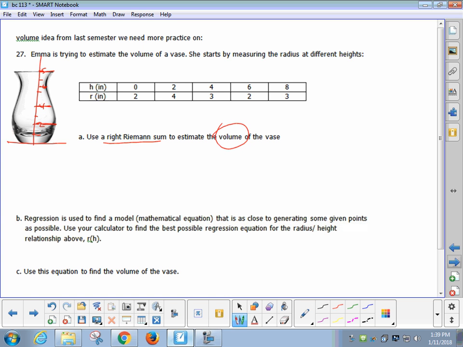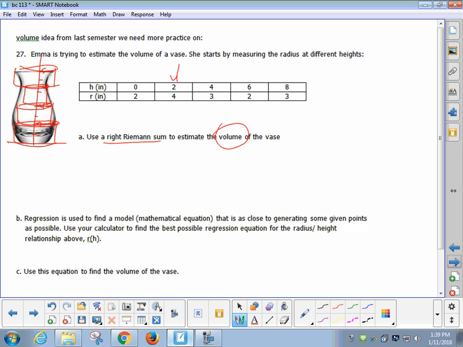And to estimate the volume, she kind of used rectangles, like using the right side, but a rectangle revolved, which makes a cylinder. And then she used the radius at 4 and a cylinder, radius at 6, cylinder, 8.